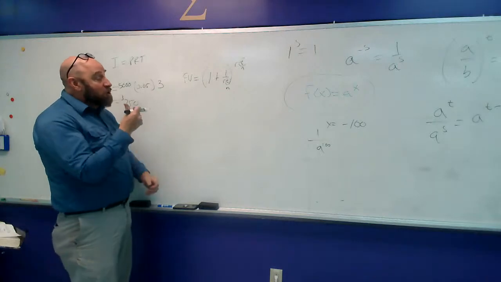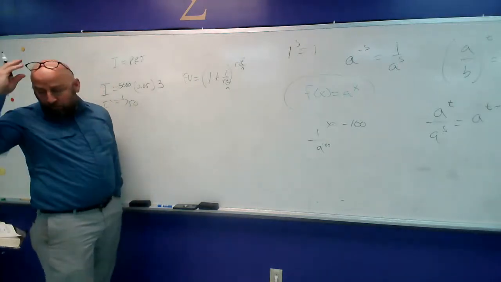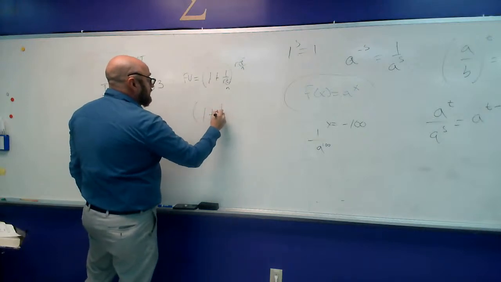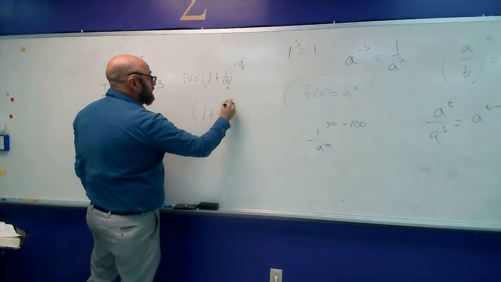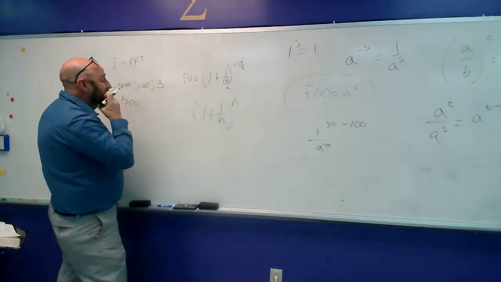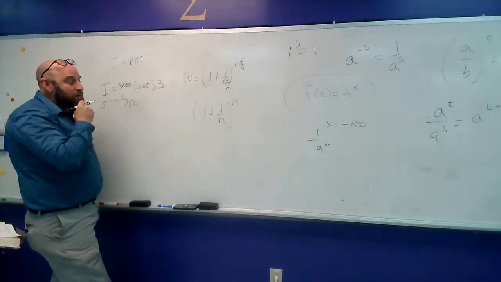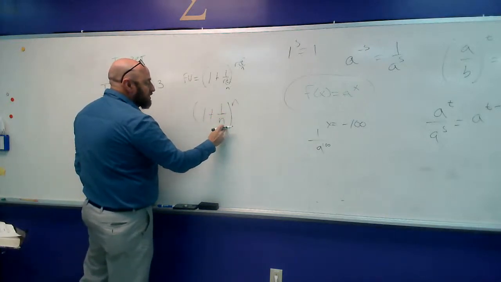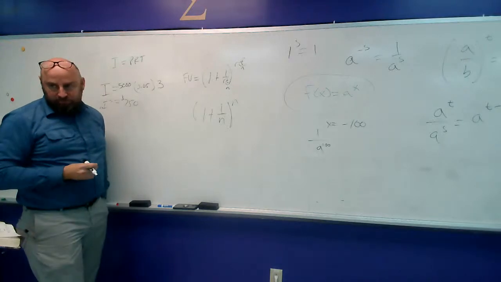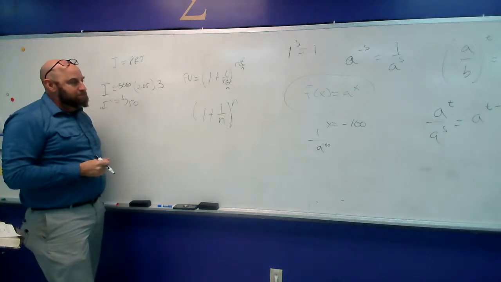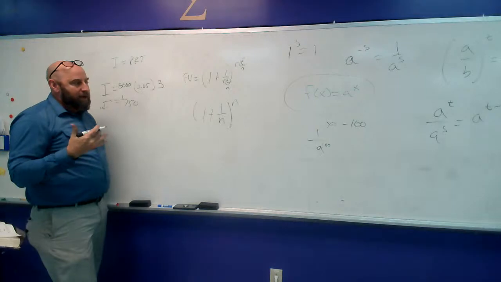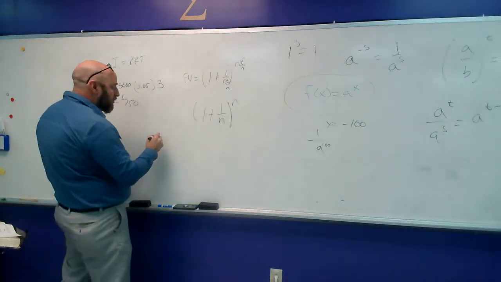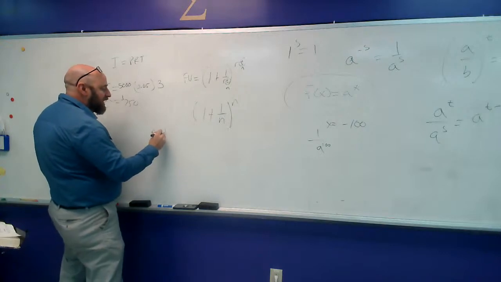So when that happens, we end up with a function that looks like this. If our n is going to relate to the amount of time, after 1 year, so n equals time.